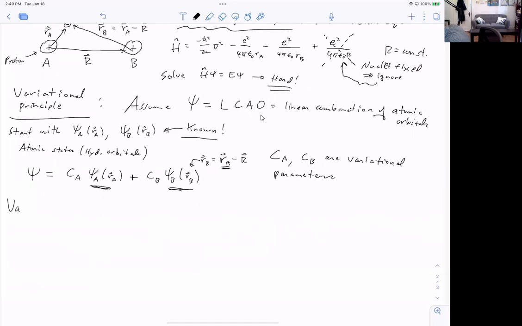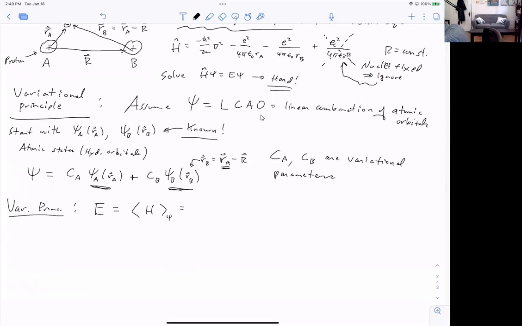So for the variational principle, what we do is we say that the ground state energy, the lowest energy, is basically, the trick of the variational principle, is to say that the energy is equal to the expectation value of the Hamiltonian using the variational wave function.